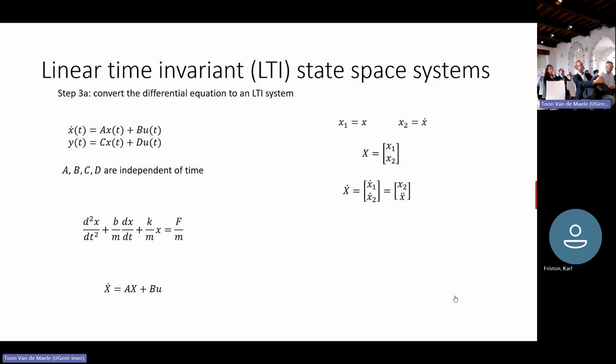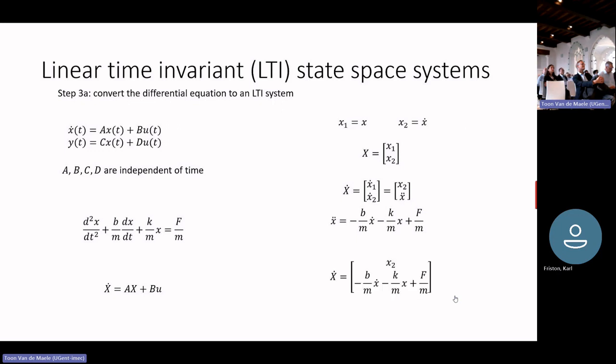And then the trick is to look at what X dot really is. You wrote this down, and when you take the derivative of this, x1 dot simply becomes x2, which is this one. And then x2 dot, which is x double dot, is what we need. The easy thing is we know what x2 is, and we know what x double dot is. X double dot from the differential equation, we can simply write down.